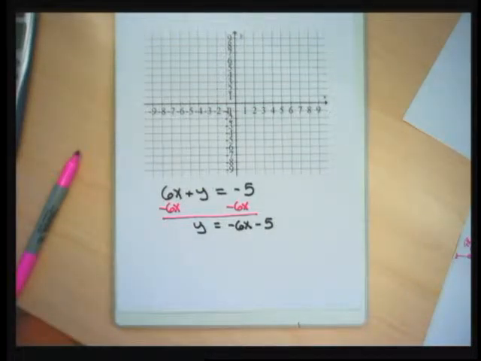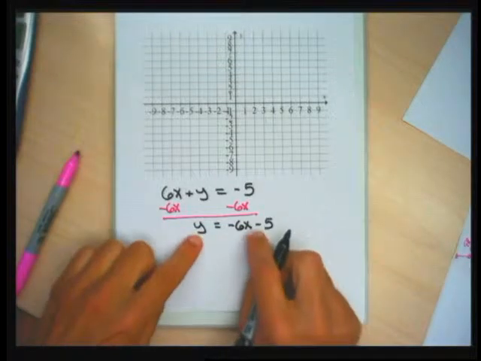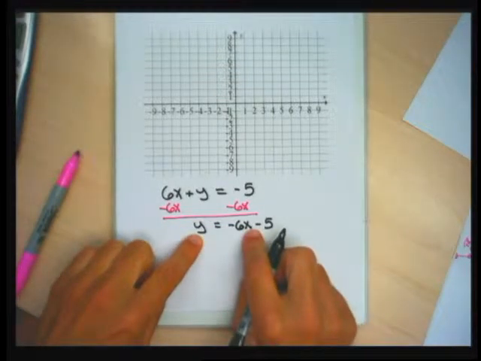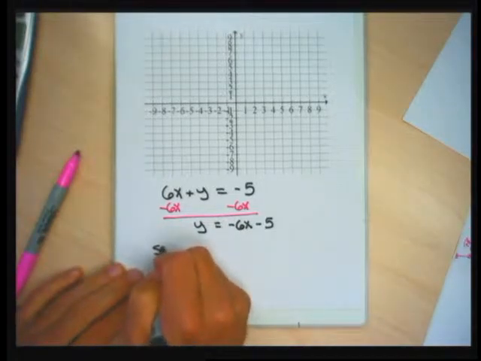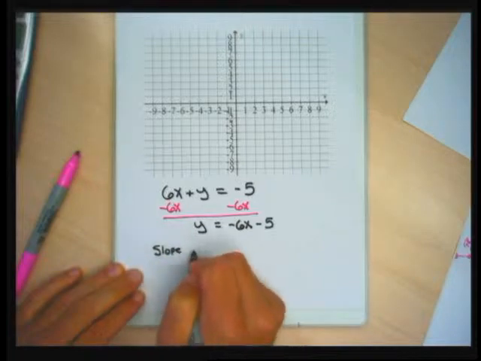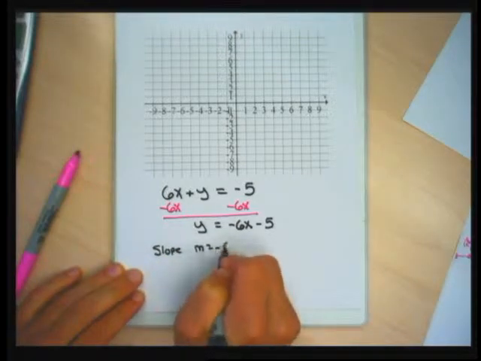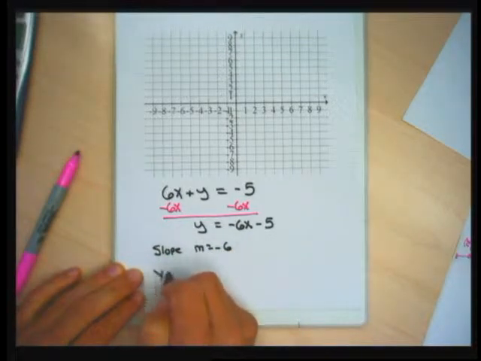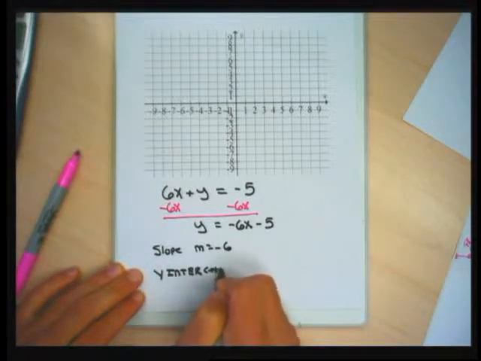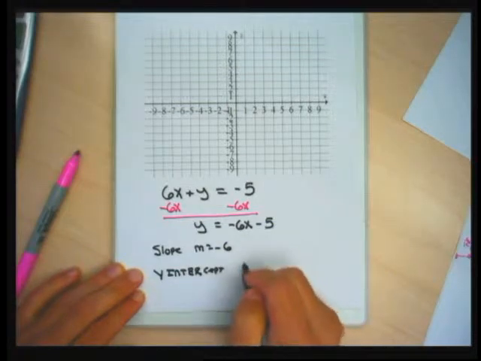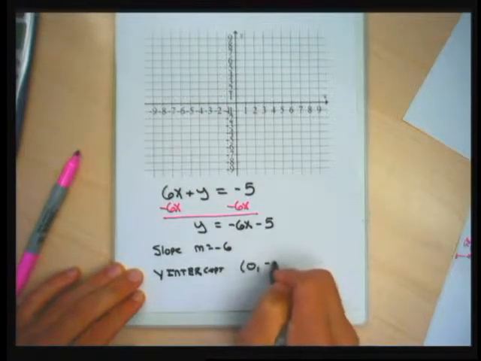So if an equation is a line, meaning you don't have exponents on the x's and the y's, you don't have an x in the denominator of a fraction, in order to pick out the slope and the y-intercept, the equation needs to be solved for y. Now that I've rewritten the line, the slope is going to be -6, and the y-intercept is going to be the point 0, -5.